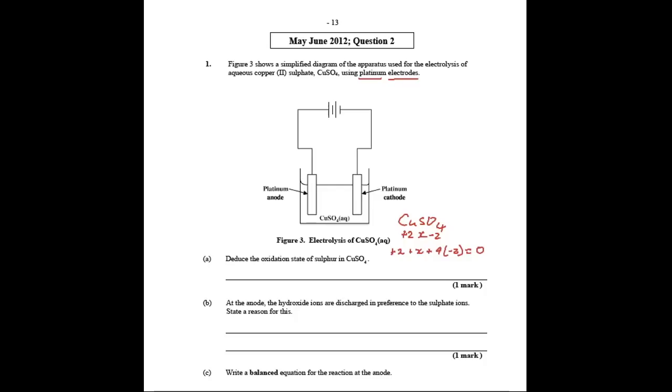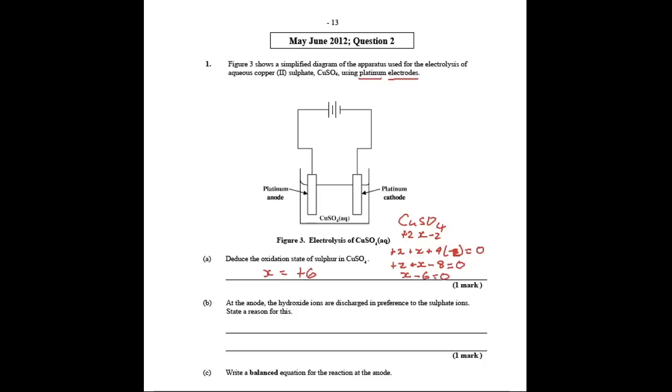So from this, we can simplify +2 plus X and positive 4 times -2, this is a -2 right here, is equal to -8, and all of that is equal to 0. +2 minus 8 will give us X minus 6 equal 0. So it means that X is equal to +6. Or you could have just written +6, you'd have got the answer without all of that, but just showing where it's coming from.